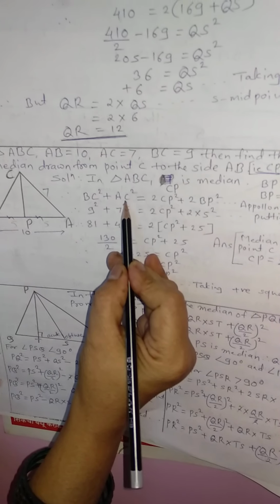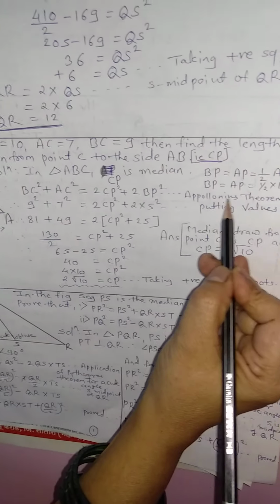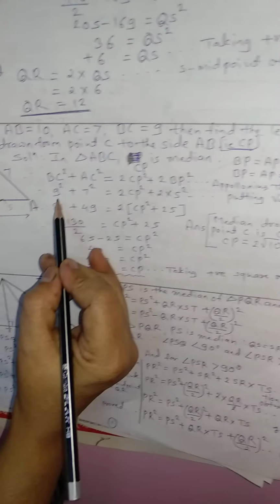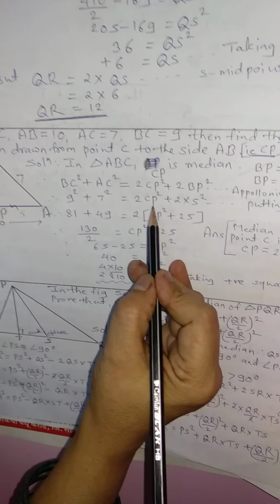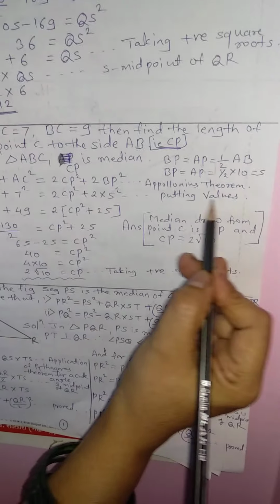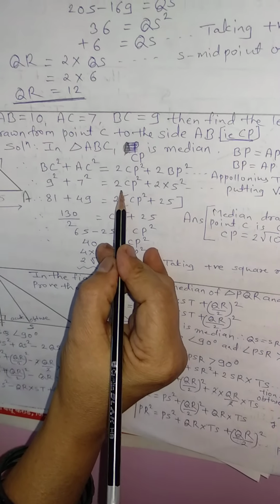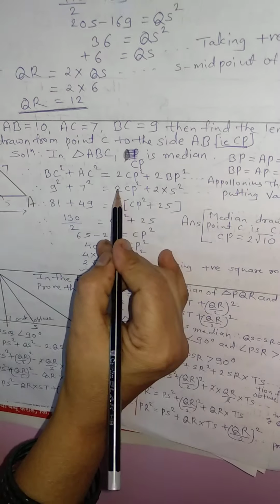Now BC square plus AC square is equal to 2CP square plus 2BP square according to Apollonius theorem. 9 square plus 7 square is equal to 2CP square plus 2 into 5 square. Putting the values, 81 plus 49 is equal to 2 taken common, so 2 into bracket CP square plus 25.